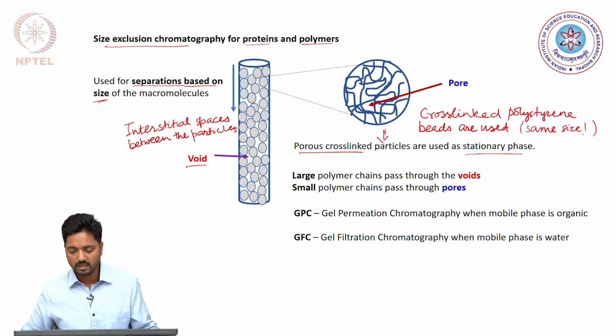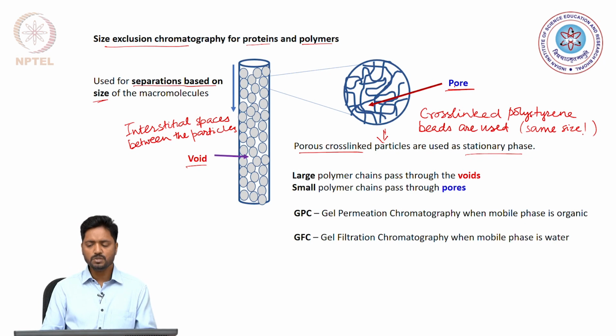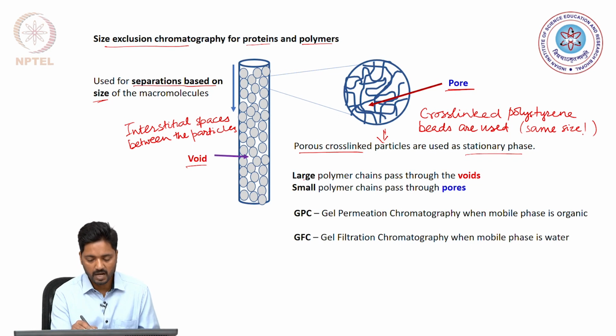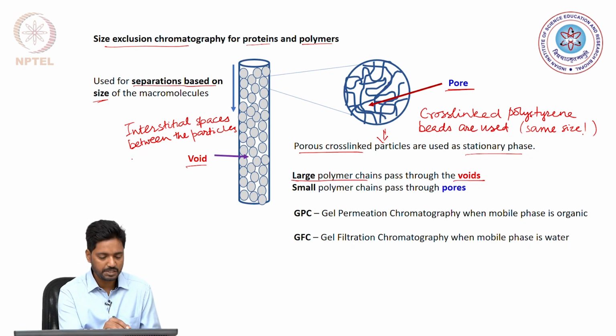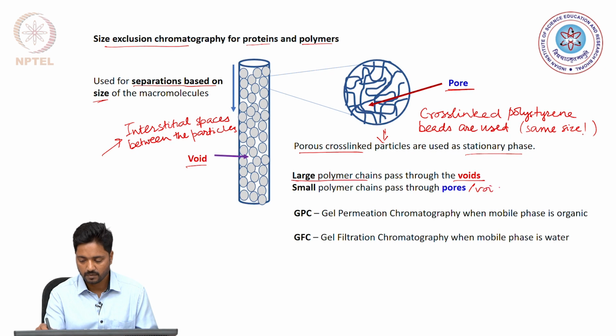However, the particle in itself is porous, and we also have pores present in the particle into which the solvent as well as the solute can enter. What is observed is that the large polymer chains prefer to pass through the voids, that is the interstitial space, while the small polymer chains pass through both pores and the voids.